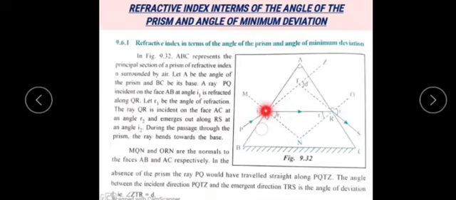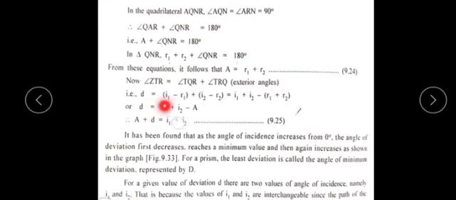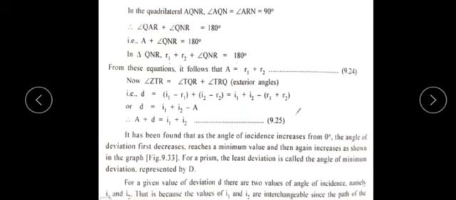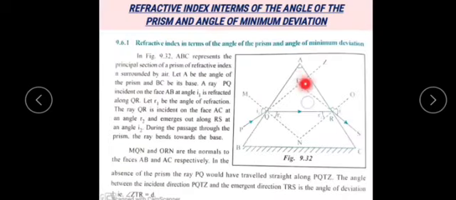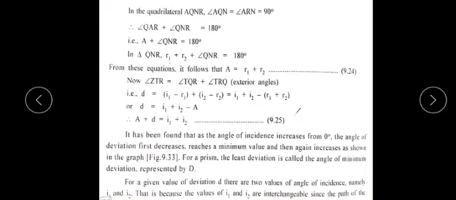Angle TQR is equal to I1 minus R1, and angle TRQ is equal to I2 minus R2. Hence, D is equal to I1 minus R1 plus I2 minus R2.